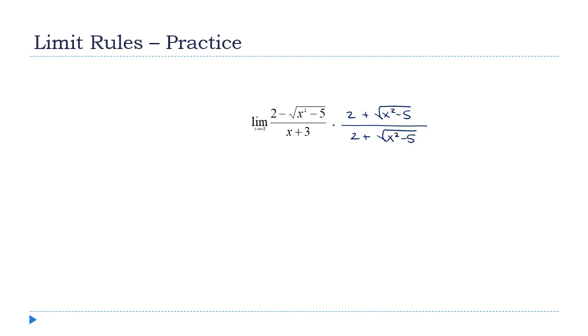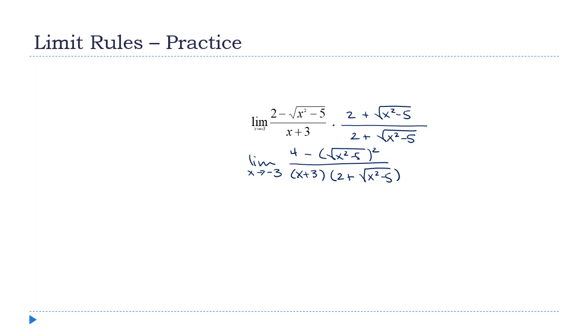Okay, so in the numerator, this is still the limit as x approaches -3. The numerator is 4 minus the square root of x squared minus 5, squared. And the denominator is just kind of a mess. It's x plus 3 times that thing, 2 plus the square root of x squared minus 5.